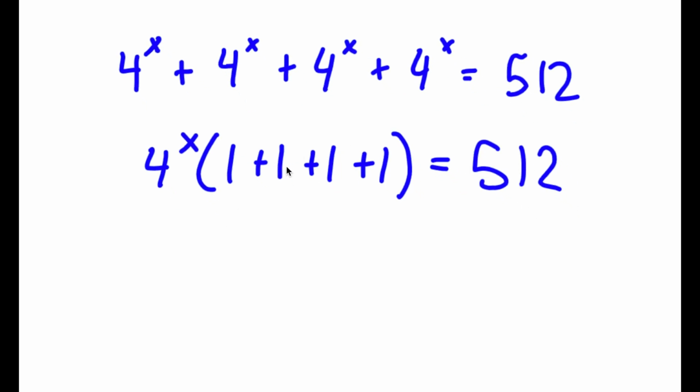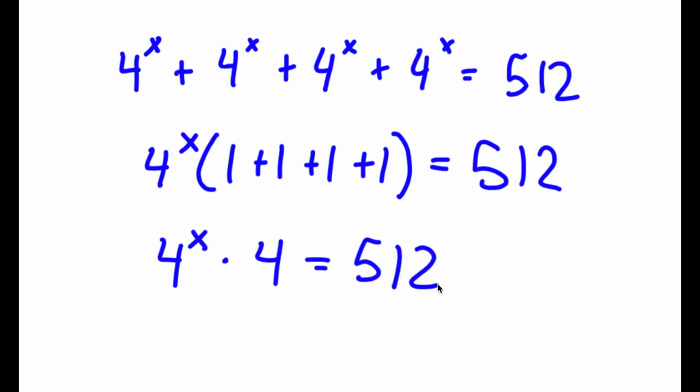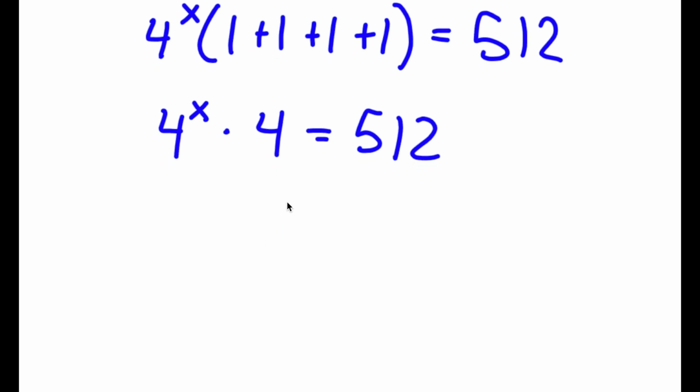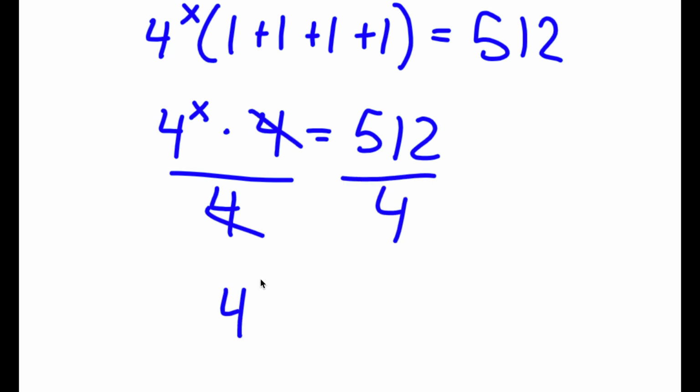Now I'm going to rewrite 1 plus 1 plus 1 plus 1 as 4. So now I have 4 to the power of x times 4 is equal to 512. Now I'm going to divide both sides by 4.